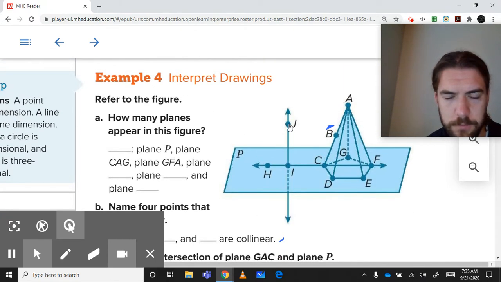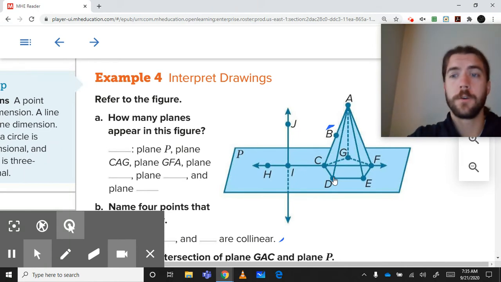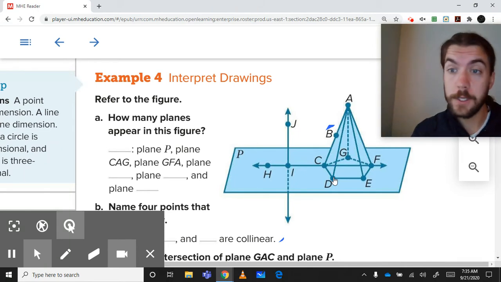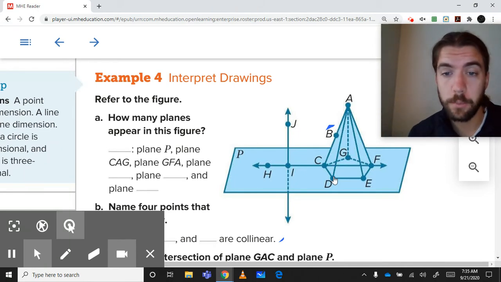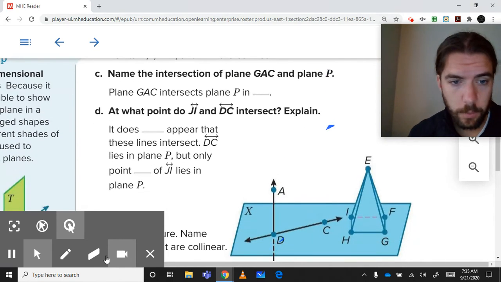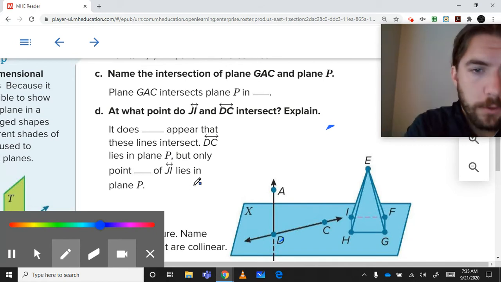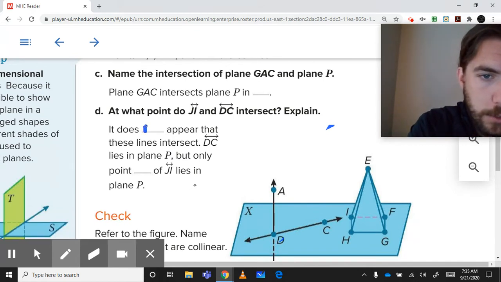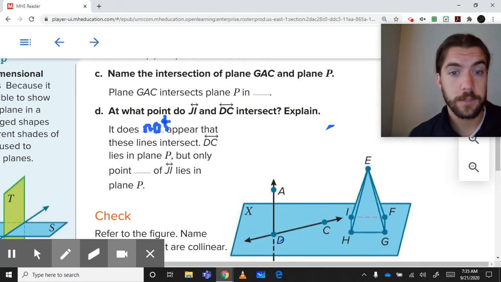I don't think they do. So JI right here going straight up and down, DC going right, going in this direction. Those do not appear to intersect with each other at all. If they did intersect, they'd intersect at a single point. However, they don't appear to intersect at all. So I think what we're looking for is the word not. It does not appear that these lines intersect.